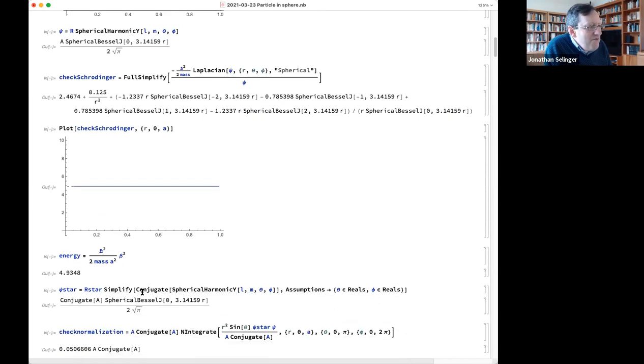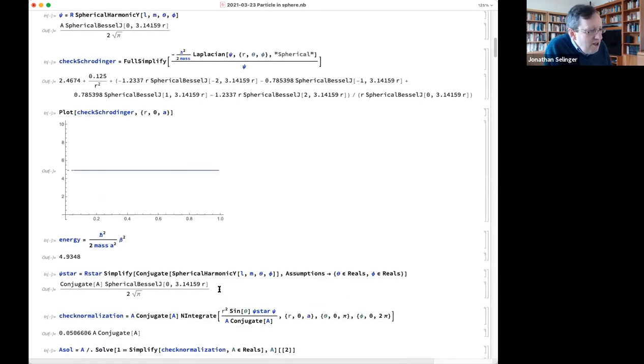So we have psi star. I can check the normalization by integrating psi times psi star over r goes from 0 to little a, and theta goes from 0 to pi, and phi goes from 0 to 2 pi.